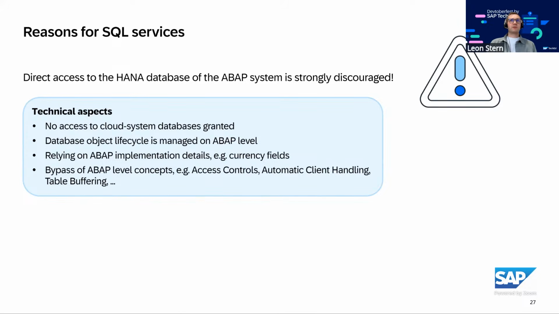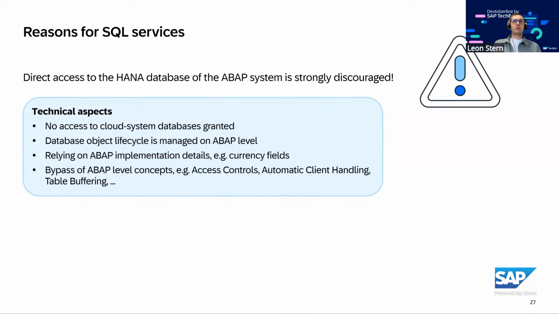In addition, it's very risky to use the database objects managed by the ABAP system, since their life cycle and implementation is completely controlled by ABAP and the data dictionary. An example here is the special handling of currency fields or the use of ABAP-managed database procedures.